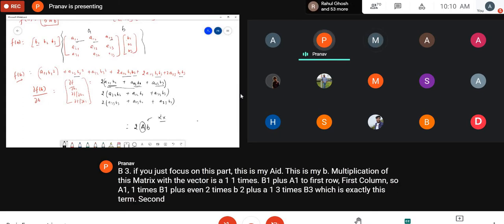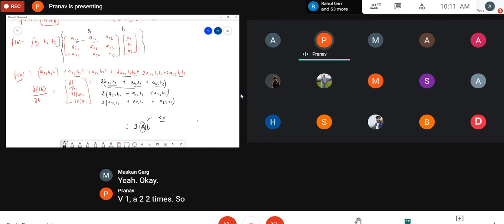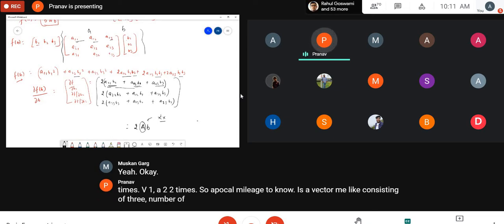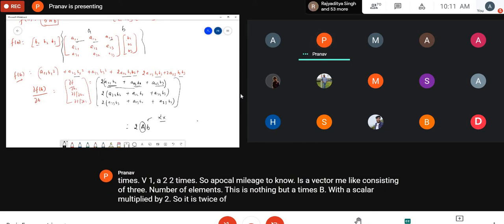Second row, first column, A21 times B1, A22 times B2. So what you get, this vector consisting of 3 elements, is nothing but A times B with a scalar multiplied by 2. So it is twice of AB. Is this clear? Yes, sir.